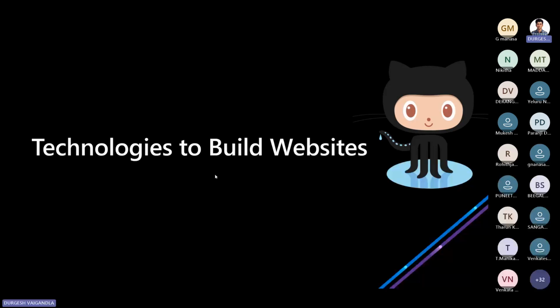We can also use frameworks like React.js, AngularJS, Vue.js, Next.js. There are backend frameworks also, like Express.js, Django, and Flask. Django and Flask are used with Python, and the remaining frameworks are used with Node and React. These are the technologies we use.